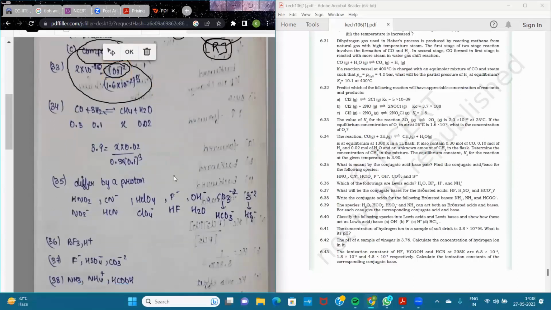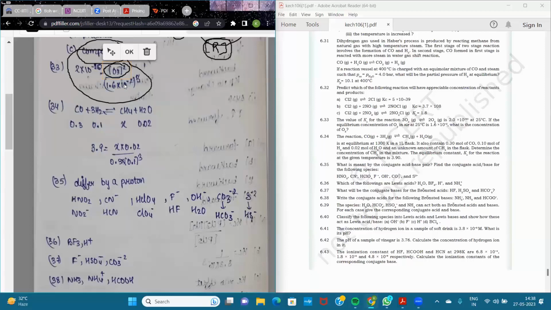And in the 34th question, the reaction, the water gas shift reaction is at equilibrium. This is not the water gas shift reaction, sorry. This is the formation of methane at equilibrium at 1300 Kelvin in a 1 liter flask. It also contains 0.30 moles of CO, 0.10 moles of H2, and 0.02 mole of H2O, and an unknown amount of CH4 in the flask.